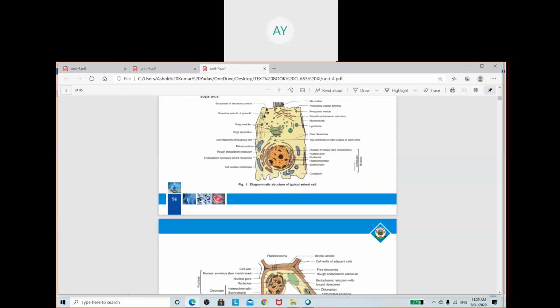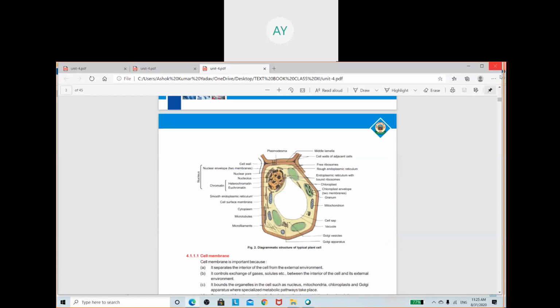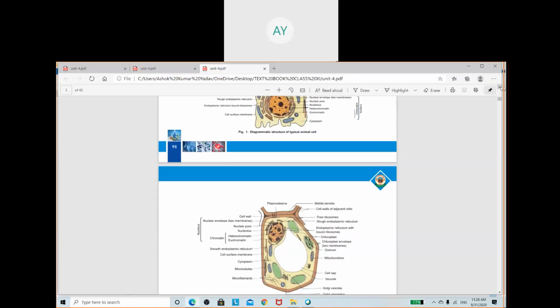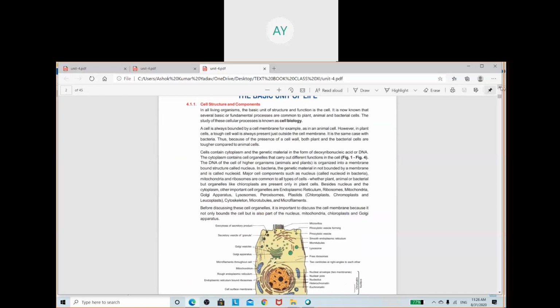This is the diagram of an animal cell. Okay, so you will find a diagram of a plant cell and an animal cell. Generally, there are some differences between a plant cell and an animal cell. What is the difference?